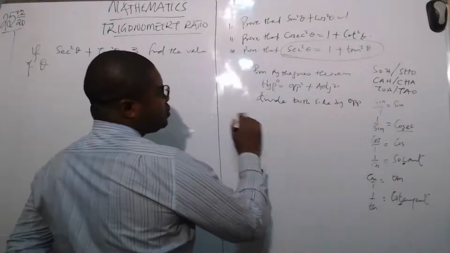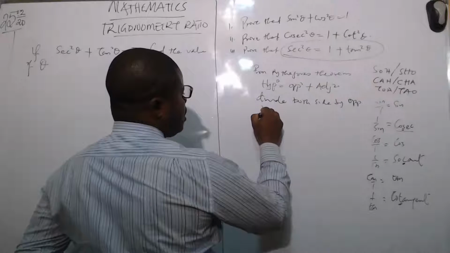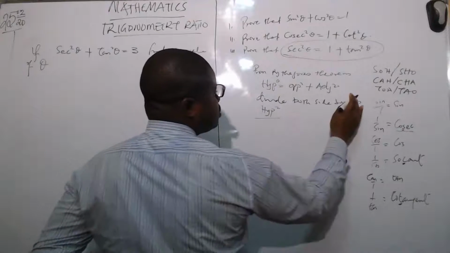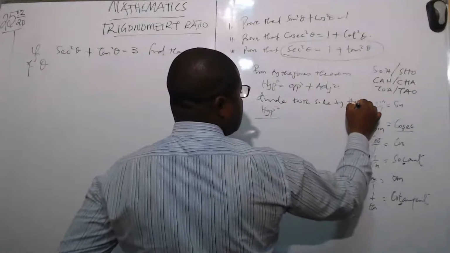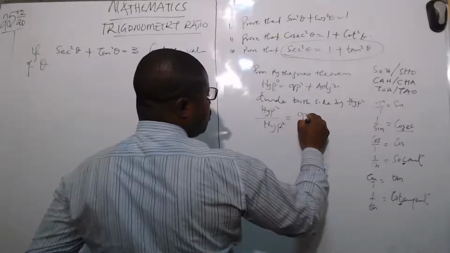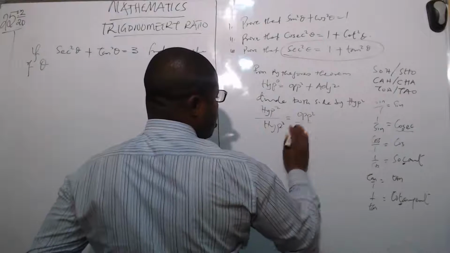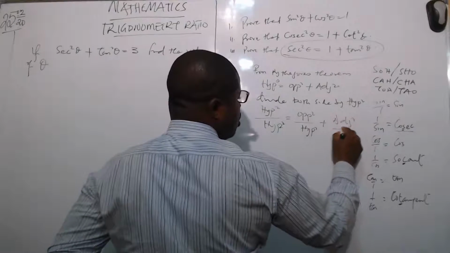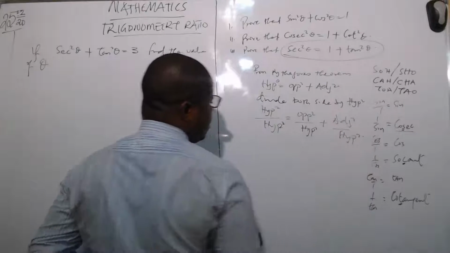So you're going to have hypotenuse square over hypotenuse square equals opposite square over hypotenuse square plus adjacent square over hypotenuse square.